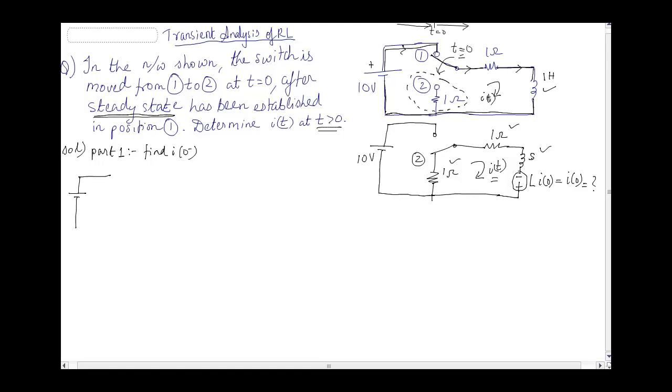So in final state, nothing happens to the resistor because the resistor is always the same, 1 ohm. But what happens to the inductor? The inductor is short circuit, and then we are having the remaining portion, which is just the connection.